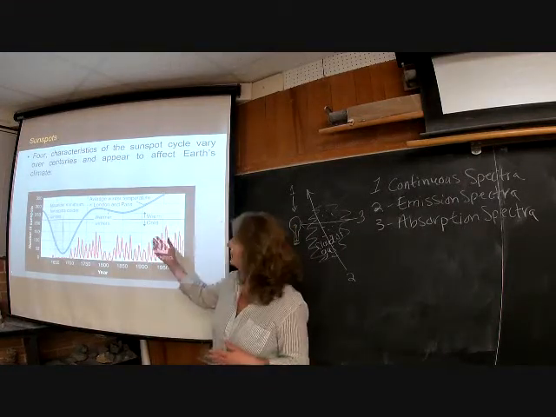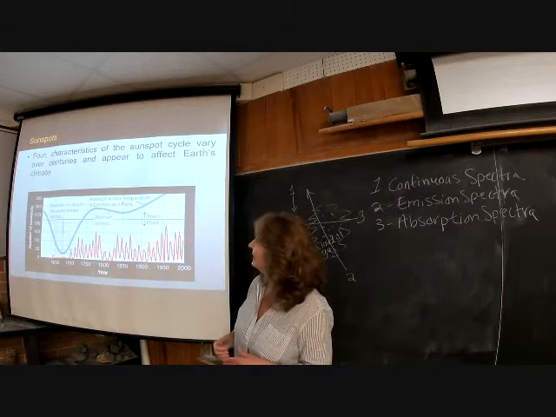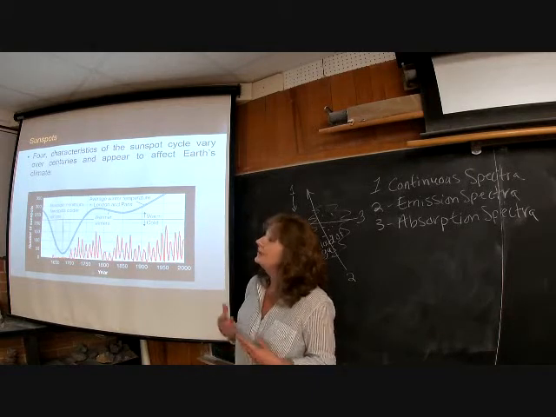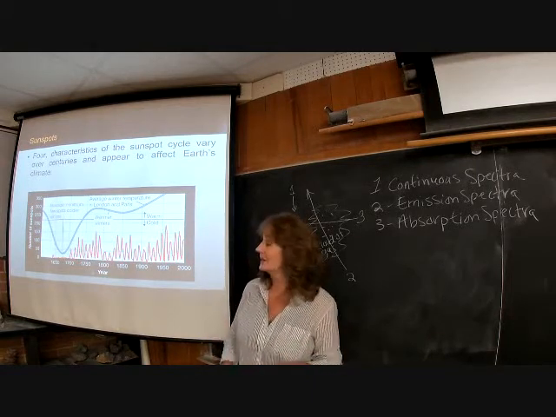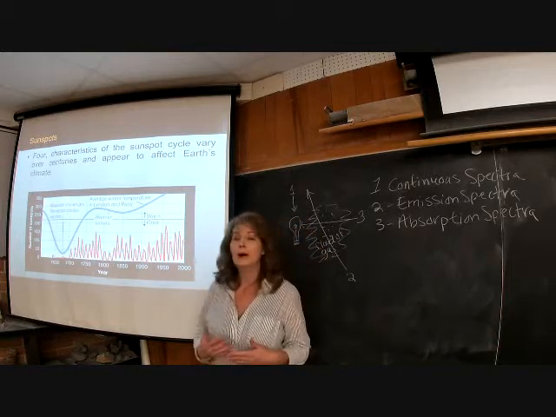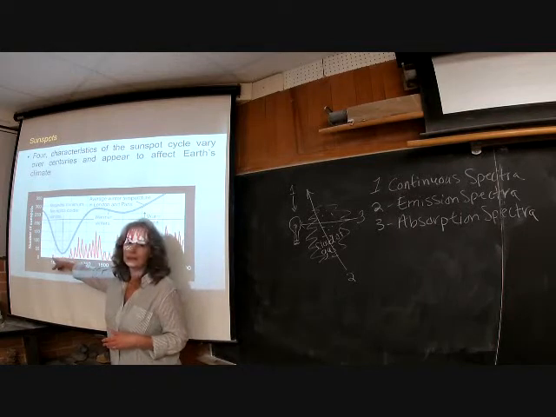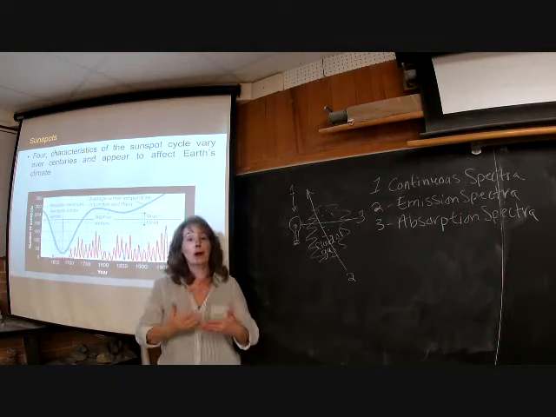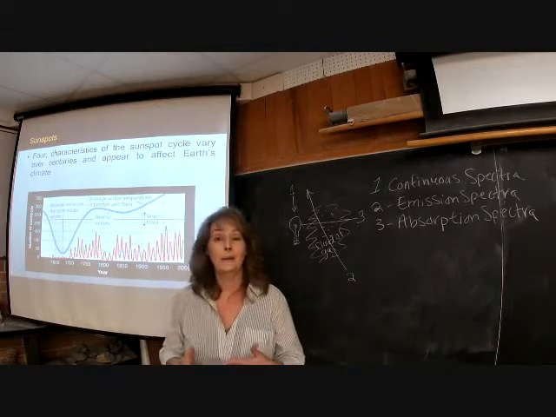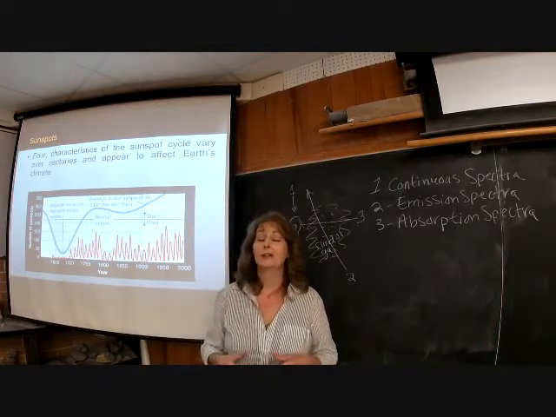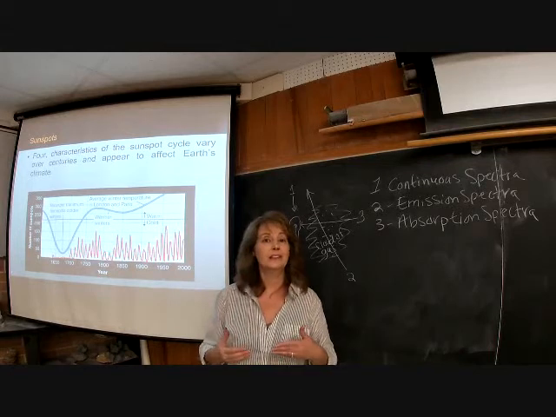So that sunspot cycle appears to vary and affect the climate. There was a time in there, we call it the Maunder minimum, where there were very, very few sunspots on the sun. And this extrapolated into our little ice age during this time. So it affected the climate.